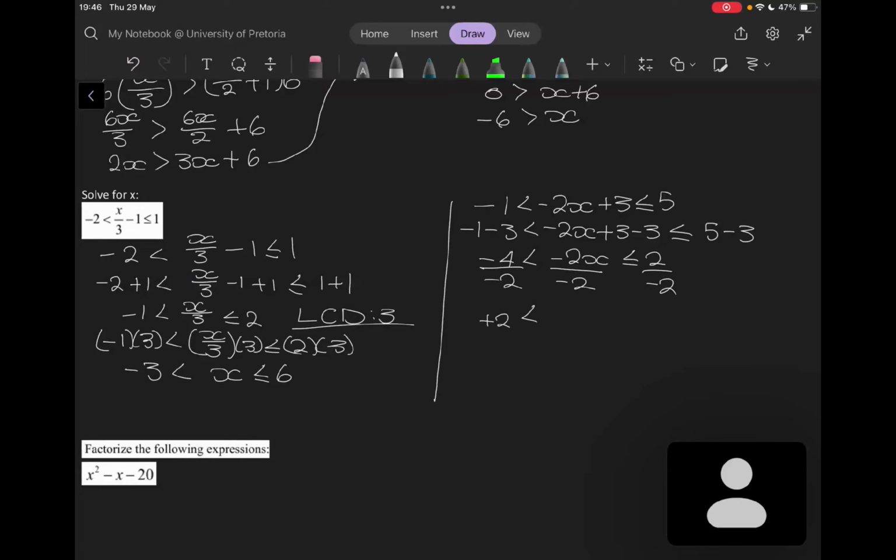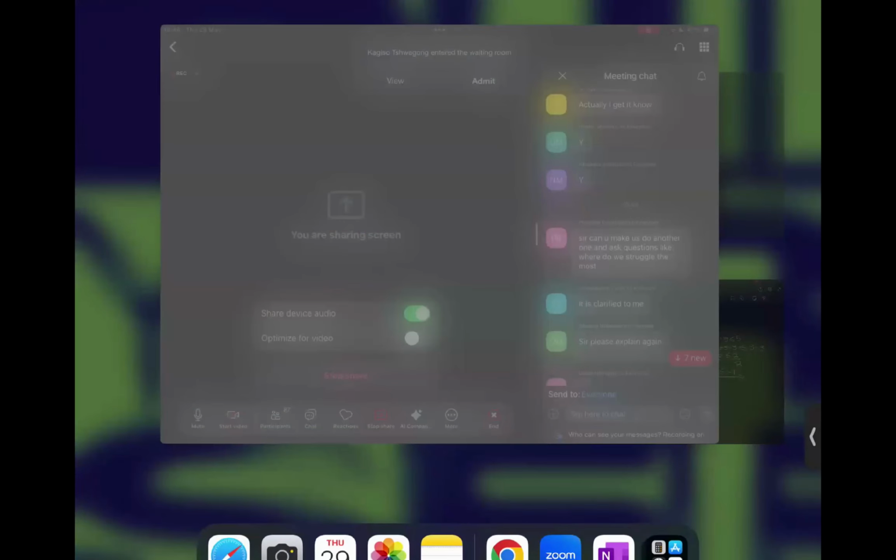We have that is less than x in the center, negative 2 and negative 2 cancel out. And we have that is less than or equal to negative 1. Whenever you have a positive divided by a negative, we get a negative. And this is our answer to this inequality. Are we all clear on that?